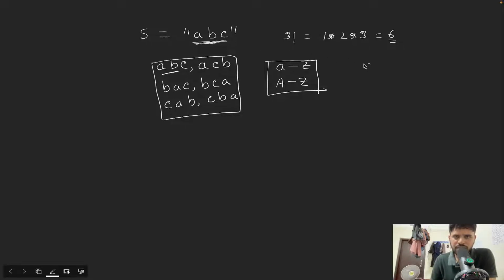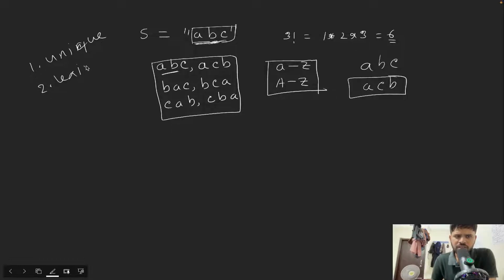So we will have something like ABC, we will not have input something like ACB. The given string contains all unique characters and is lexicographically sorted.